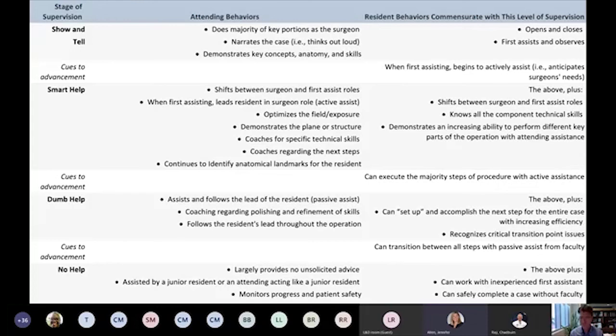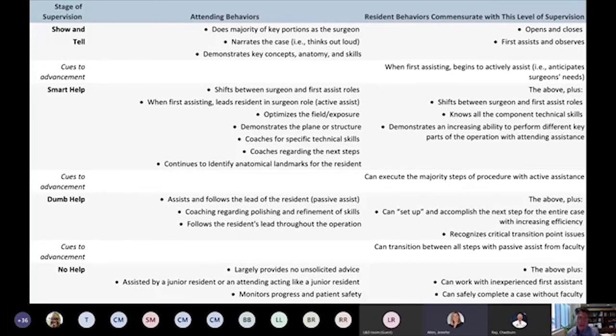I did a bunch of minor cases, and mostly Katie and Emily only needed dumb help at most. There was one part where we had to take out the ovary and avoid the ureter, so I gave a little more smart help there. But I think reading through this list and then seeing how that plays out in action on the right, like what the behaviors actually are equal to, that's helpful for me as a teacher.